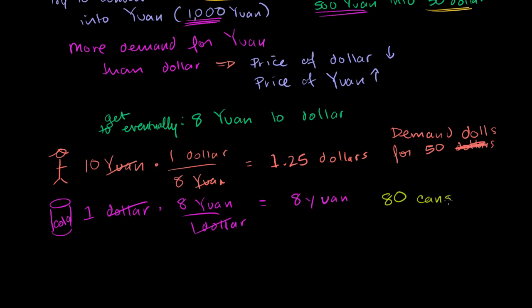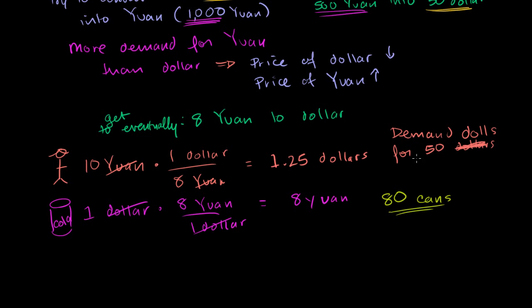So what just happened to the trade imbalance? Before, we were buying more dolls, if you think about it from the US perspective, and shipping fewer cola. But now we're buying fewer dolls because they're more expensive in the United States, and we're shipping more cola.